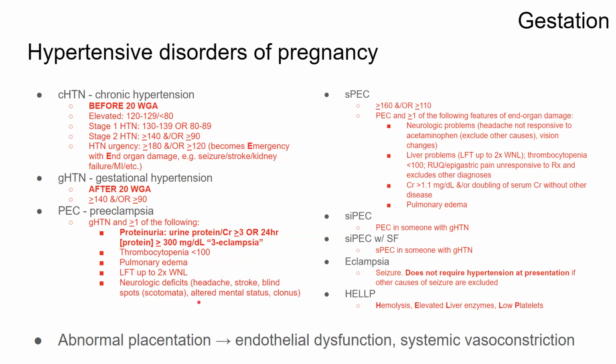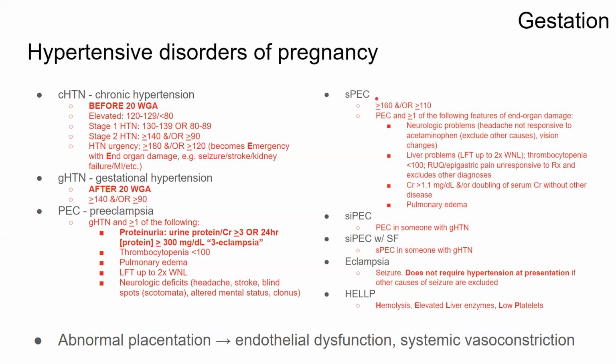And this could also be relative to baseline, like if a woman has baseline liver disease and her LFTs are elevated, you'll make the diagnosis of preeclampsia if it's up to two times her baseline. And then if they have neurologic deficits, like they start having a headache or a stroke, blind spots, altered mental status, clonus, things like that.